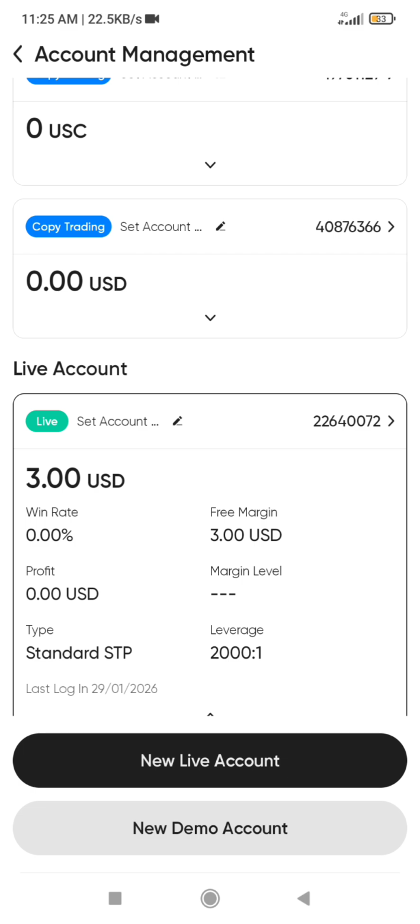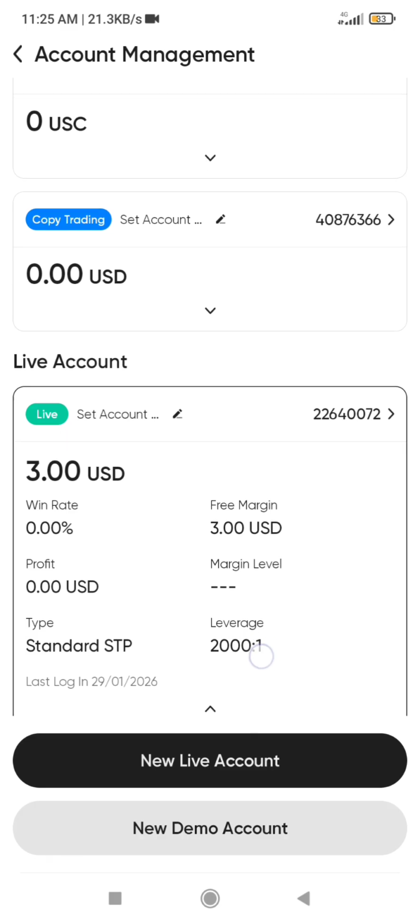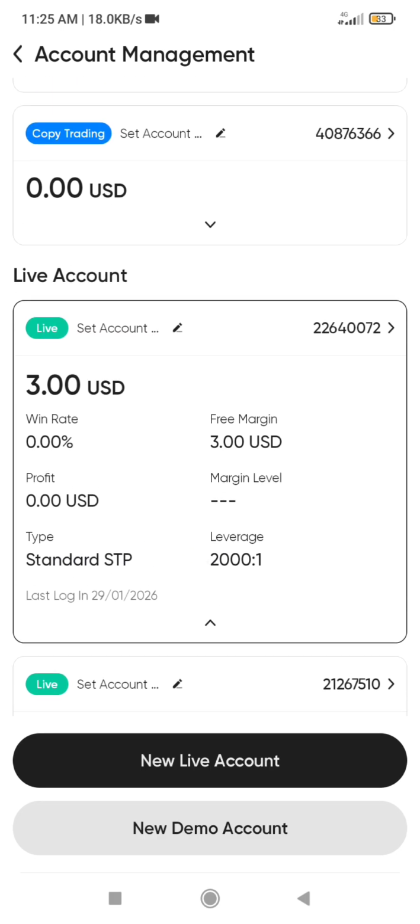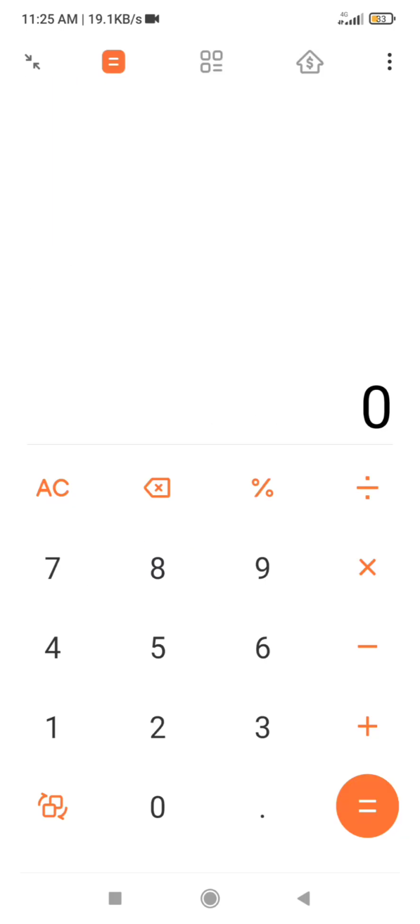So I will now talk about the second reason, which is the lot size. Having known that we can have up to $6,000 to enter the market, let me now talk to you about the lot size.